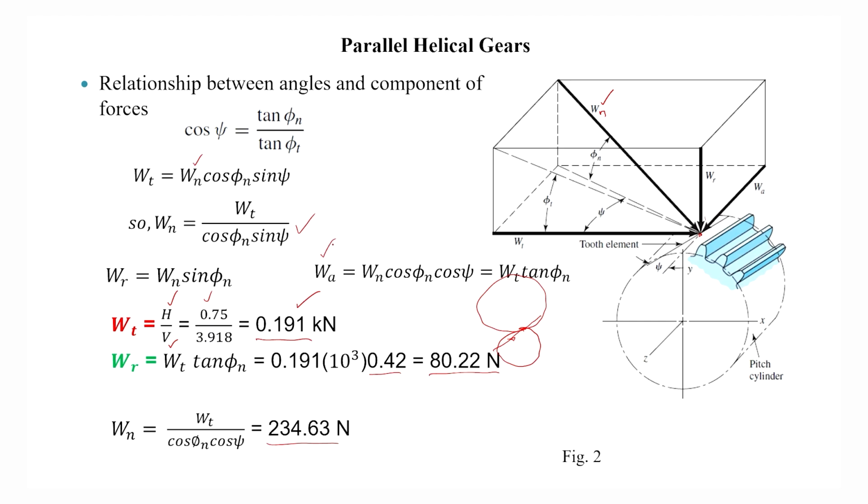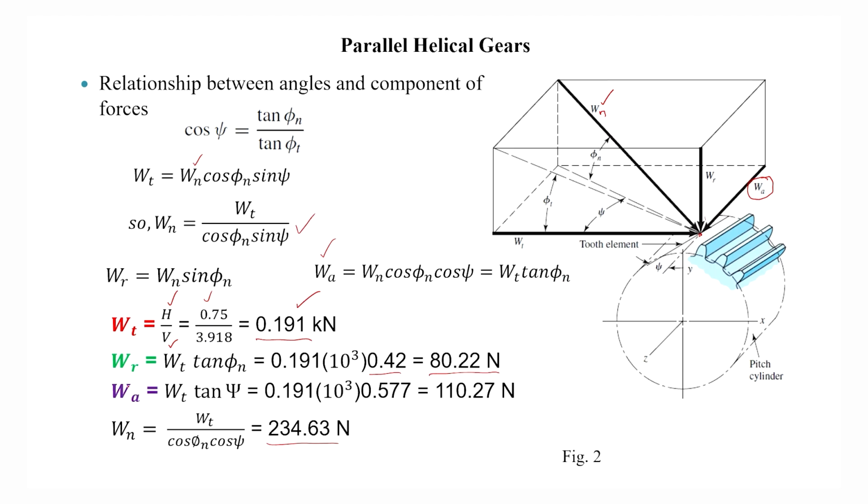The axial component of force along the axis, Z is the axis. So, the axial component of force, this Wa, is given by Wt tan of the psi, and so substituting the value of Wt and psi in this equation, we got the value of Wa, the axial component of force, which is 110.27 Newton.